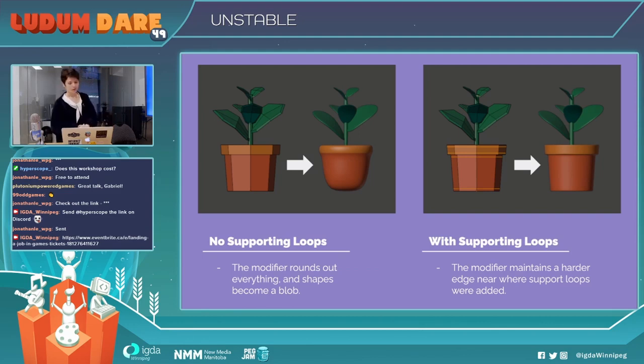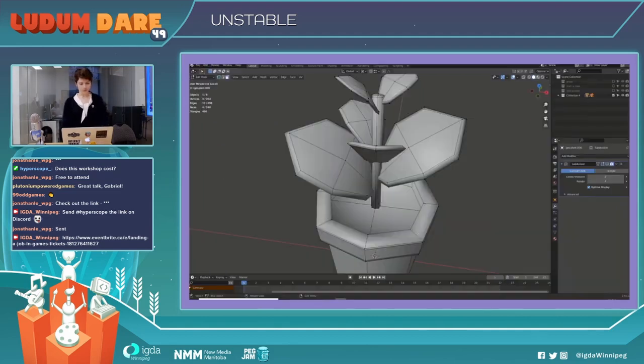It's not what you want. So for the modifier to work nicely, you have to add what's called supporting loops, and it will maintain some of the shape where you would like it. As you can see on the wireframe on the right, I added a few extra loops, highlighted in yellow, that define where the model should stay rigid.